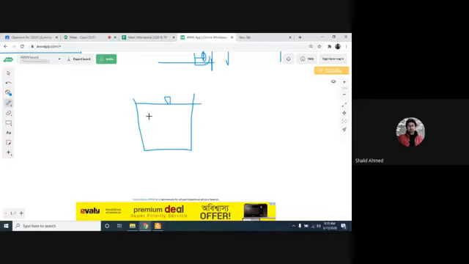Now, consider this water as multiple layers: layer one, two, three, four, five, a series of layers.